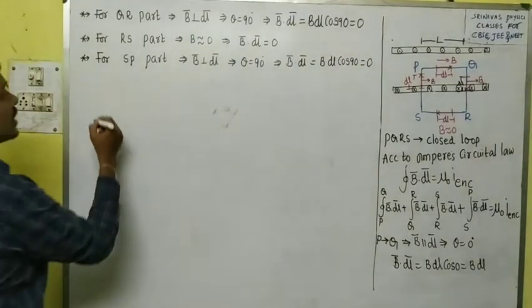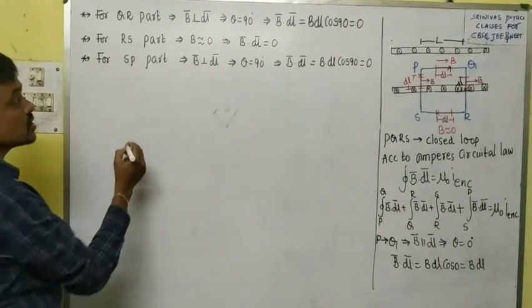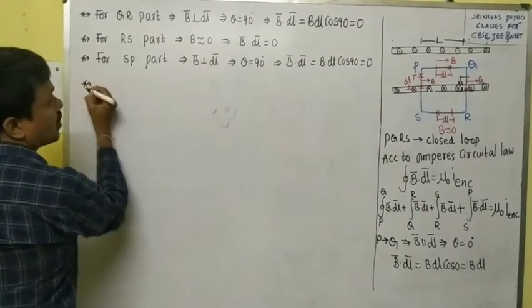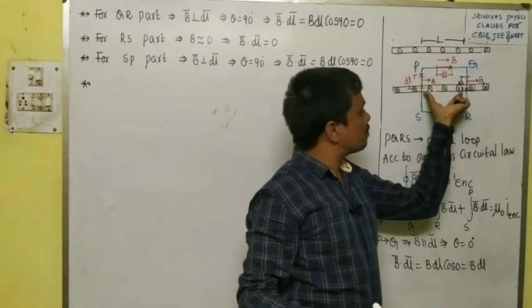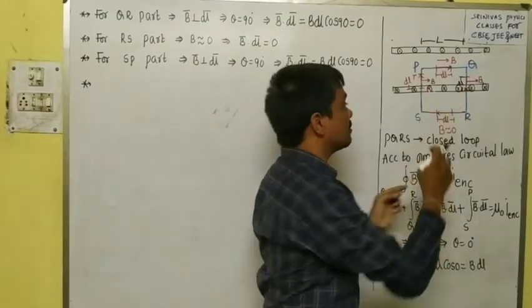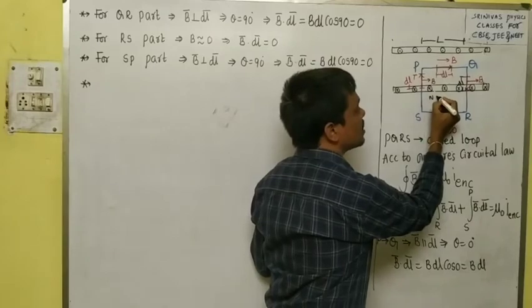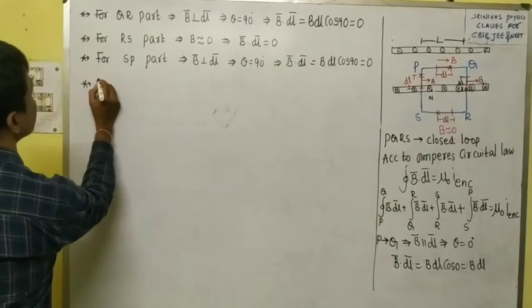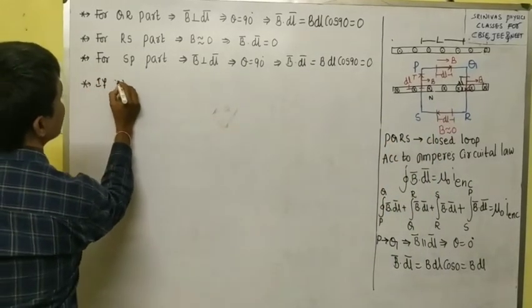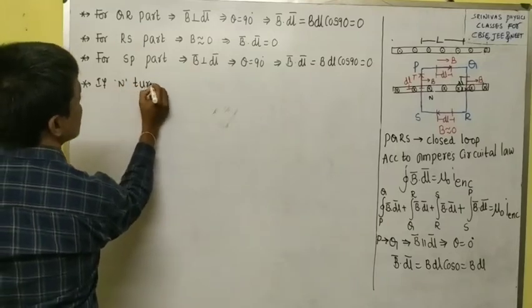And the enclosed current also I want. Now, enclosed current in this loop: how much current is there? For example, in this loop, capital N turns are there.